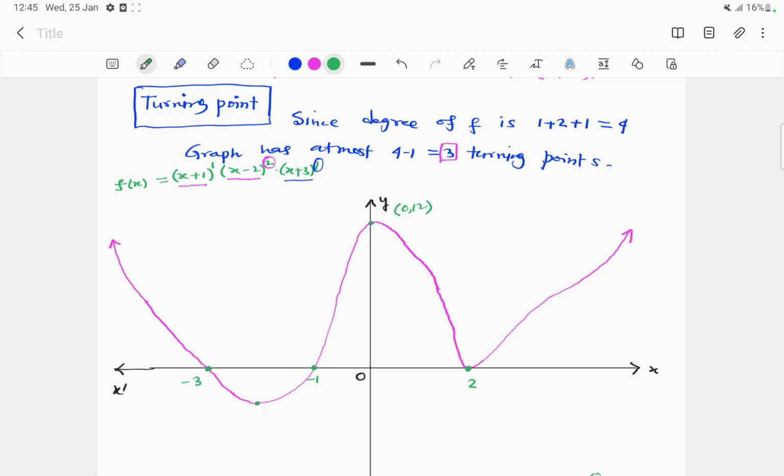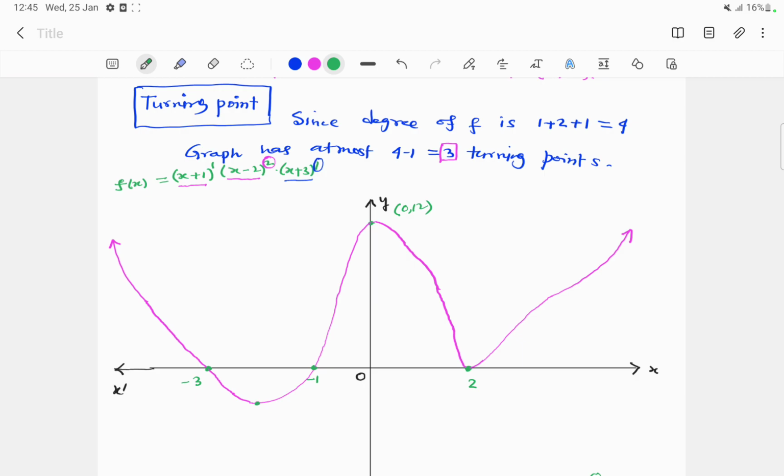Roughly, the graph we draw is okay, there is no issue. If you face a problem where the number of turning points is more than 3, but it can only have 3, then the graph you are drawing is wrong. So you have to double check then.